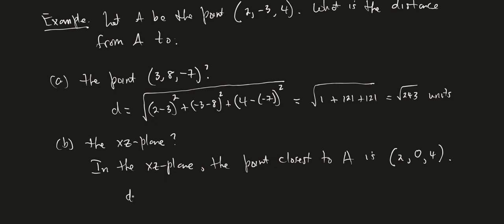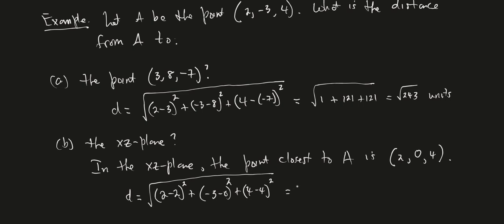So the distance in this case is, we're going to take the difference between the x values of each of the points, so that's 2 minus 2, and we're going to square those distances, and then negative 3 minus 0 squared, and then 4 minus 4 squared, and then I have to take the square root.